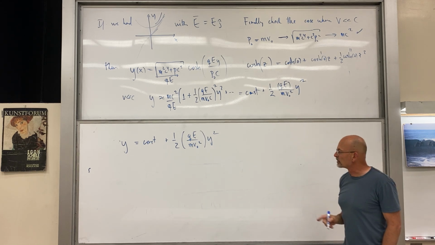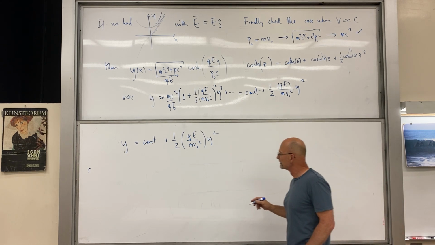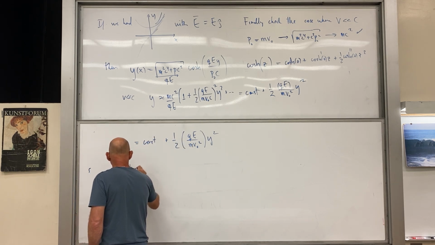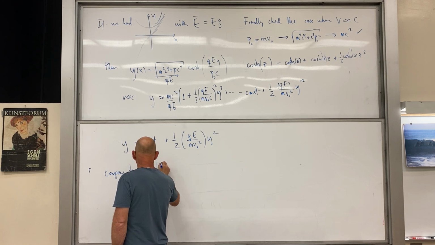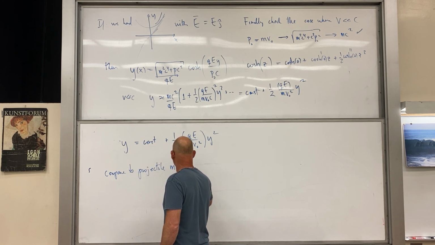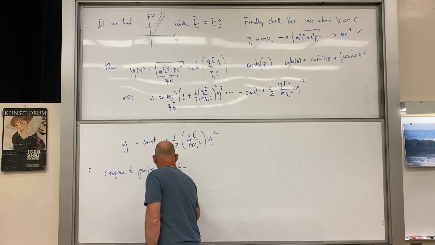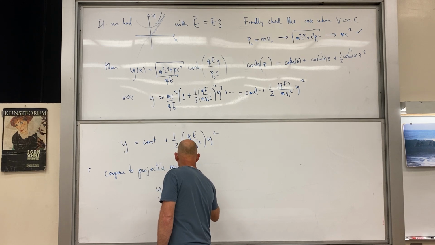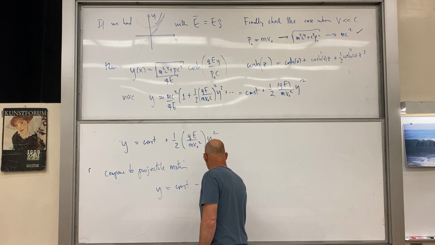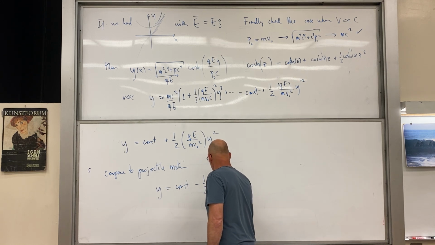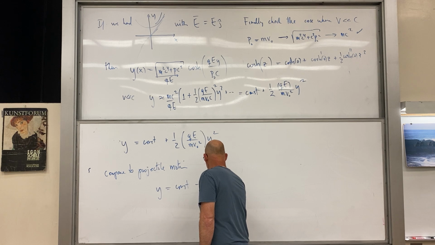Now if we compare that to projectile motion, where we have y equals a constant, say minus 1/2 g x squared over 2 v0 squared.